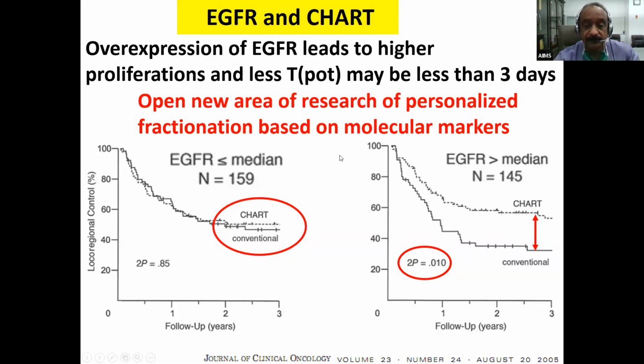Ladies and gentlemen, we all know that medical oncologists are now practicing personalized medicine based on molecular tumor markers. They are using targeted therapy. In the same direction, we have just started moving based on these retrospective data. There are other data also which I will discuss just now. But in future, we can utilize personalized fractionation scheme based on molecular marker.